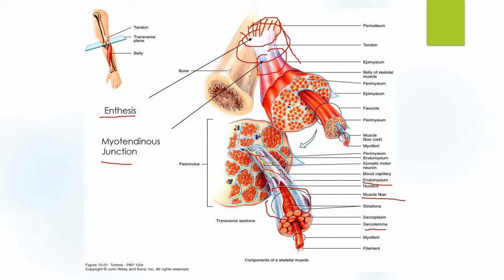So this white structure right here is the layer of endomysium, which is connective tissue that surrounds the plasma membrane of one individual muscle cell. So think of thousands and hundreds of thousands of muscle cells, each being surrounded by their own endomysium.